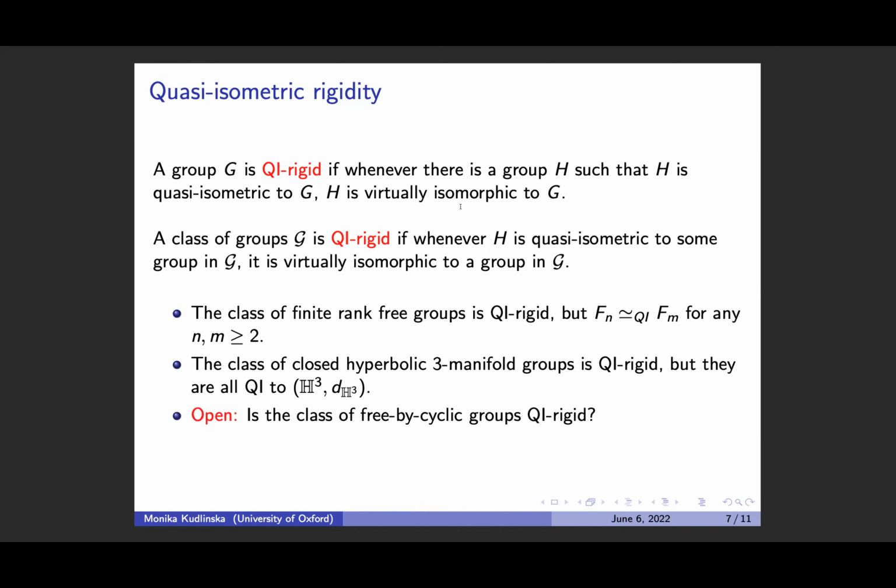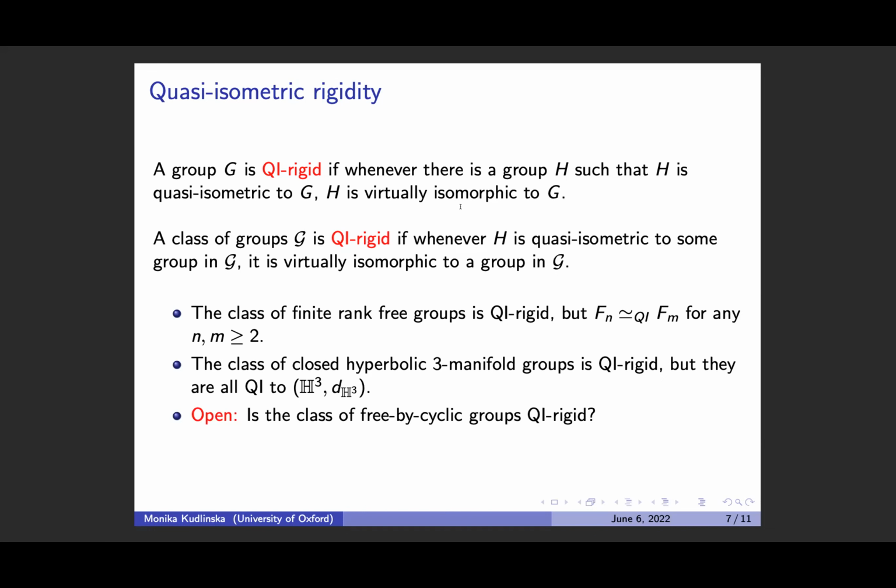Okay, and you could have probably guessed the question that I'm interested in is whether the class of free-by-cyclic groups is QI rigid. And this is still an open problem. Why do we think this might be true? Well, there isn't really a good reason. A lot of results in free-by-cyclic groups happen to be true for three-manifold groups, and then by some miracle also were true for free-by-cyclic groups.